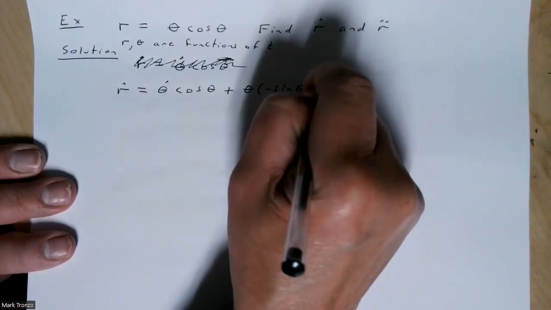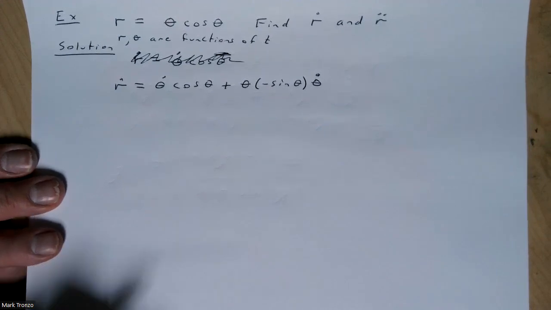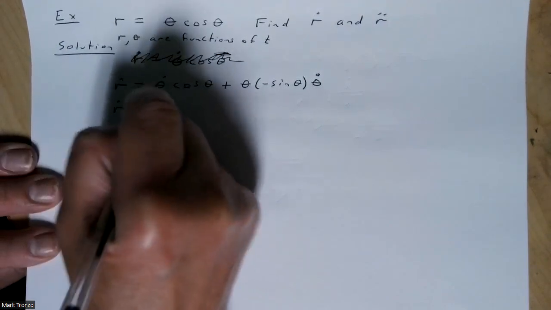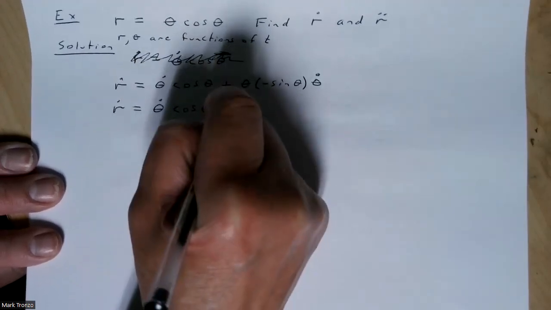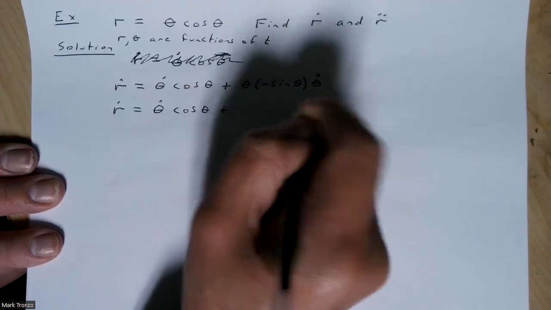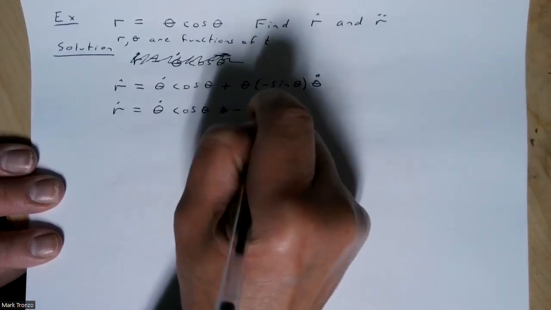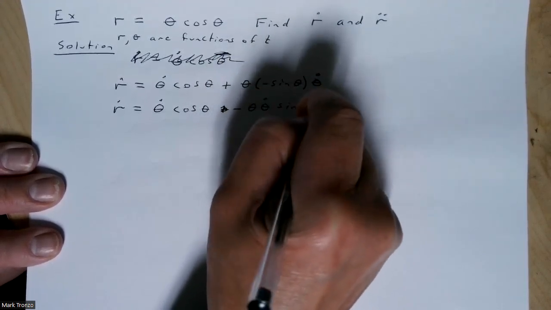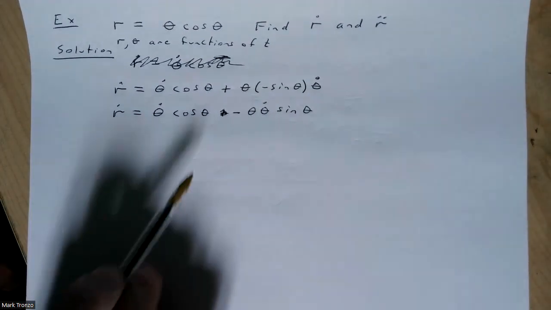So we just have to put theta dot like that. And let me rearrange this a little bit better. Theta dot, cos theta. And let me put the negative in front here. Theta dot, sine theta, like that. It's a little bit messy. Apologize for the mess.